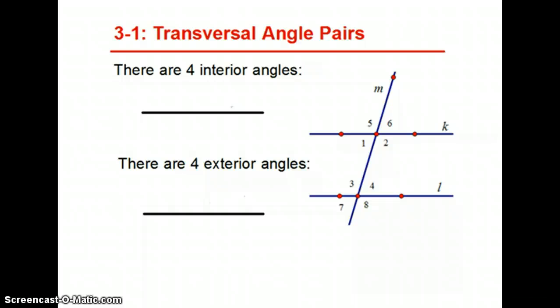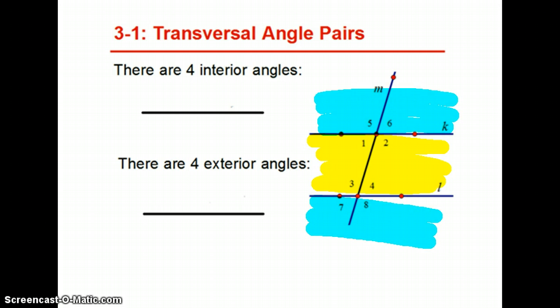We have interior angles, which are in between the 2 parallel lines, and we have exterior, which are on the outside of the parallel lines. So our interior angles are 1, 2, 3, and 4, and my exterior angles are 5, 6, 7, and 8.